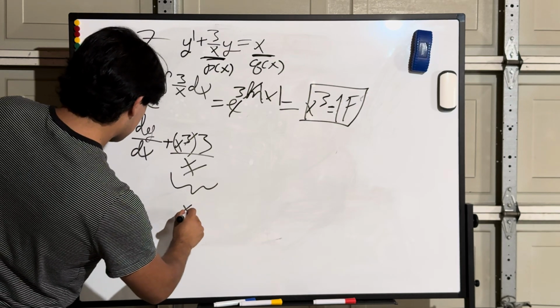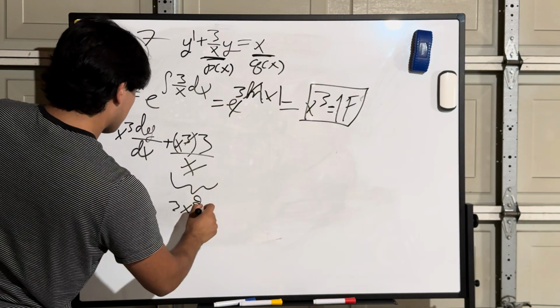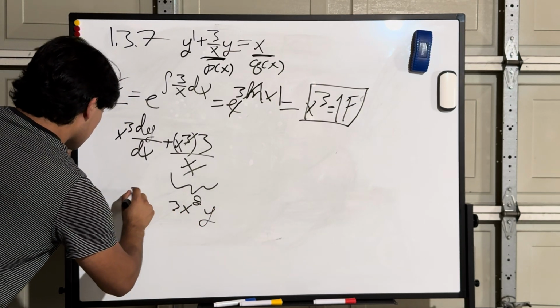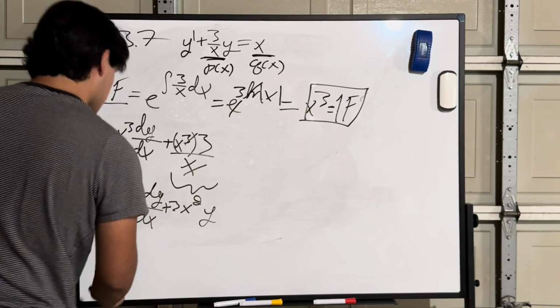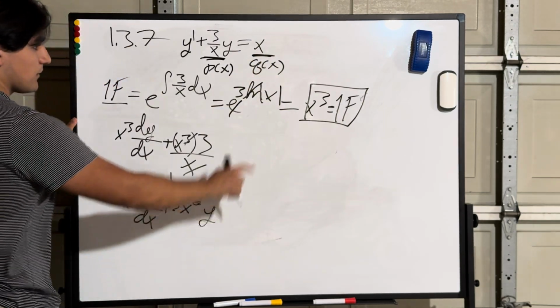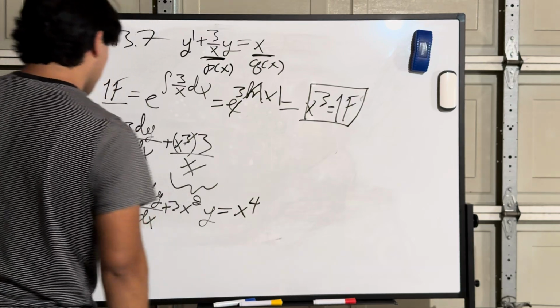We get 3x squared, oh, there's a y, 3x squared y. And then we have your q of x here, multiplied, equals x to the 4.